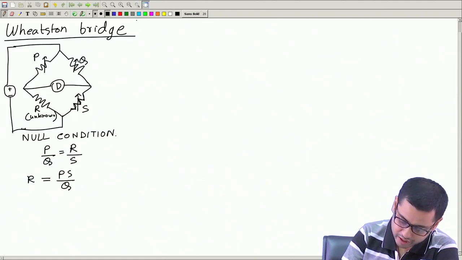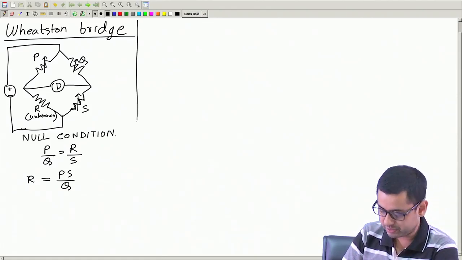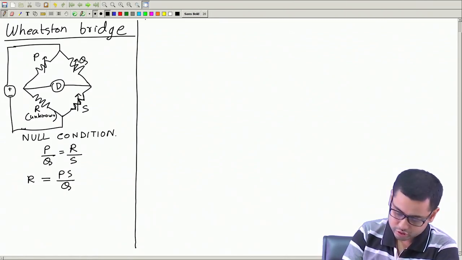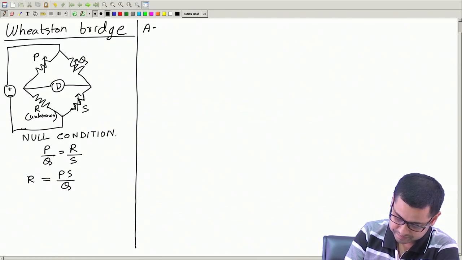So, today we will talk about accuracy, precision and sensitivity of this Wheatstone bridge. Let us talk about the accuracy.